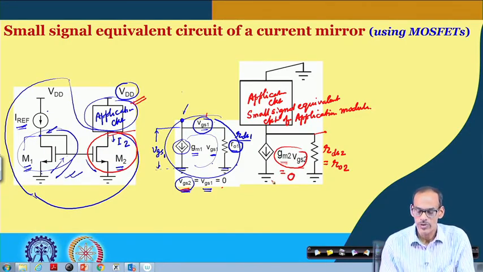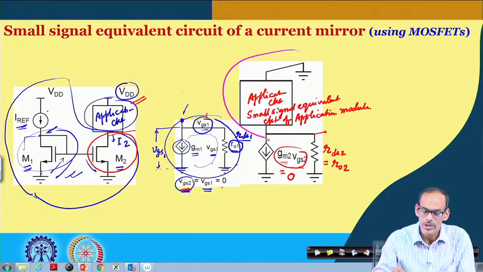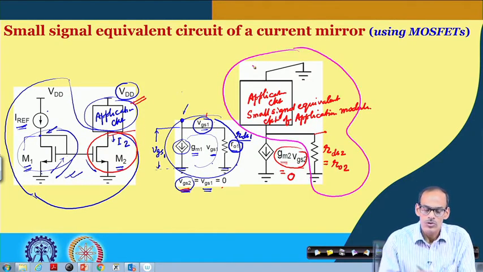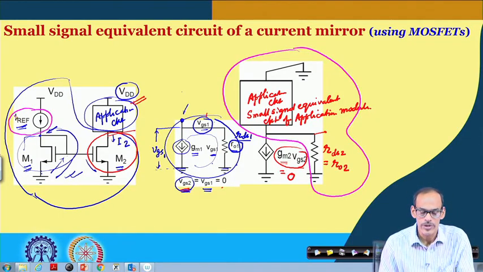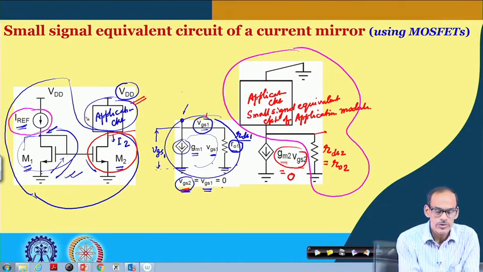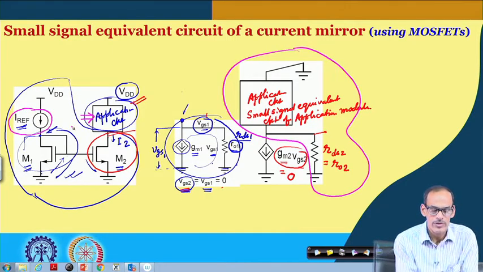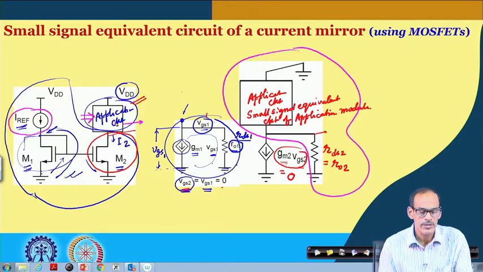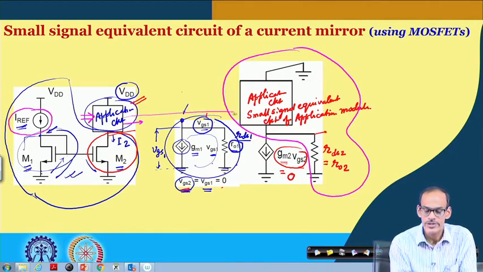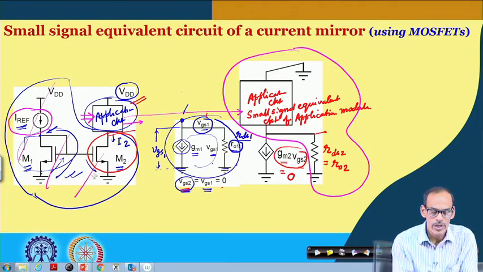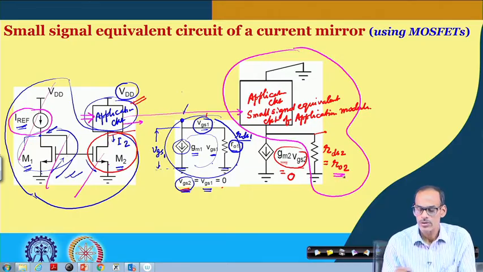As a result, in the small signal model we have only this part left behind, which means that if this reference current has only a DC component, and then suppose in the application circuit some analog signal is coming, and we would like to know its corresponding transfer function, then to get the linearized circuit of the entire portion, we need to draw this small signal circuit here, and out of this entire current mirror, only RO2 is left behind.